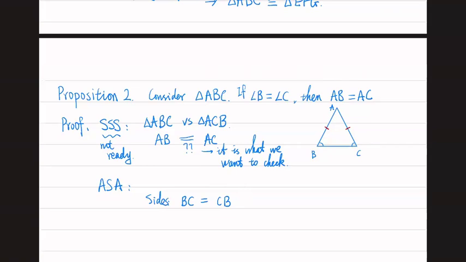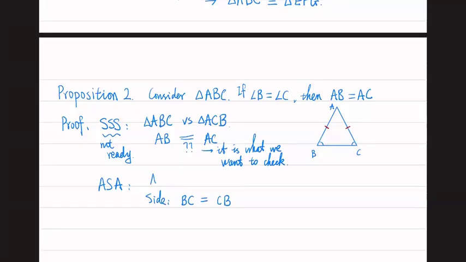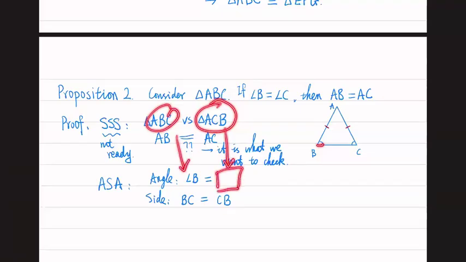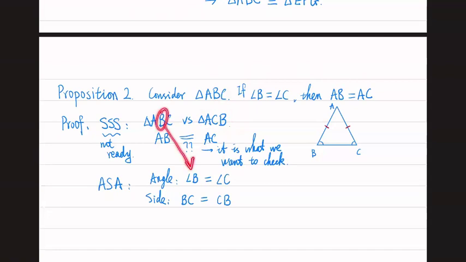Okay, now the angles. If I pick angle B for the first triangle, Amy, what would the corresponding angle be for the second triangle? Angle C. So it's the second vertex, second vertex.